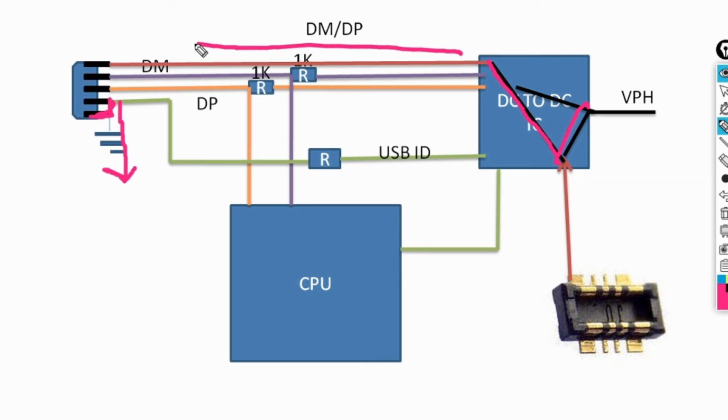Through the VBUS line, the OTG gets battery voltage, and after that the flash drive or pen drive, I mean the OTG, works. Now you can understand very well. First, this line, when you connect the charger, charges the battery and also gives power to the VPH.